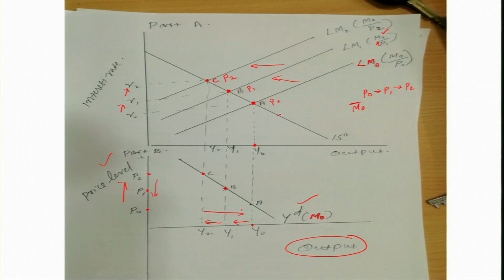For example, if the price level is decreased further, the LM curve will shift rightwards, giving a further equilibrium position, right. So what we have seen here is the inverse relationship between price and quantity demanded at the aggregate level, and this is nothing but the aggregate demand curve. So we can derive the aggregate demand curve from this diagram.